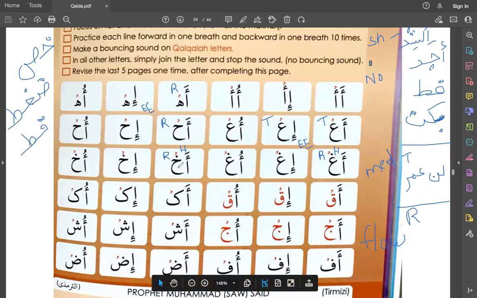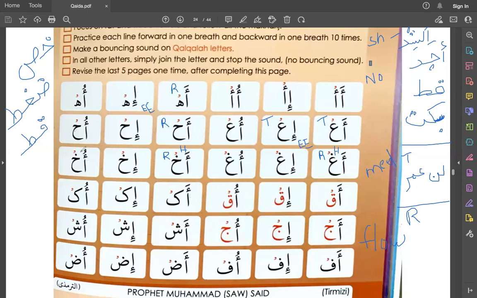The sound should flow very well. There shouldn't be a dragging sound in kha. It shouldn't go towards ha. Give a very clear sound of kasra, e, and then attach kha, ih.